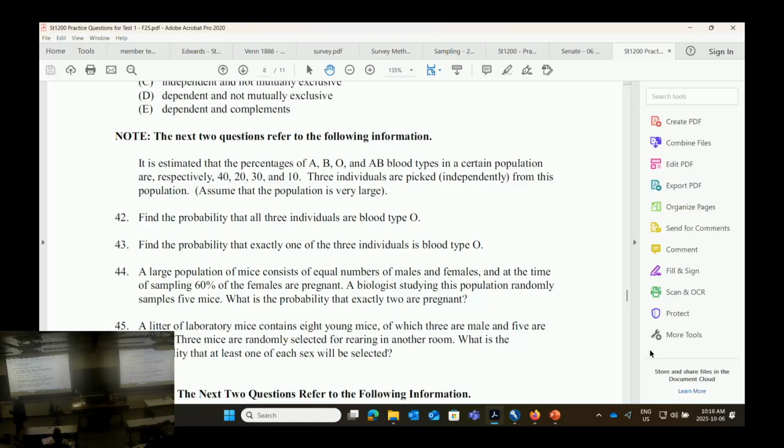But try to think of a quicker way to solve this. Often the quicker way to solve something is to think of the complement. The complement of at least one of each sex would be that they're all the same sex. And if they're all the same sex, they're either all male or all female.